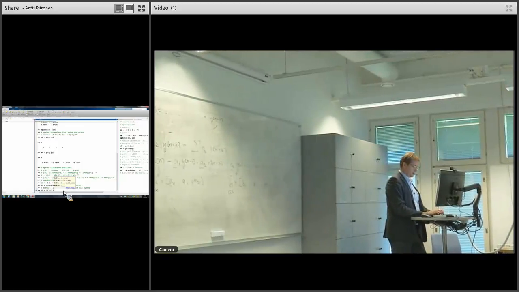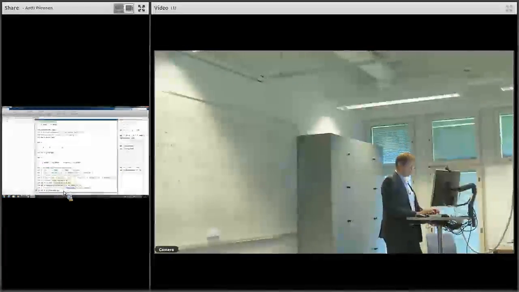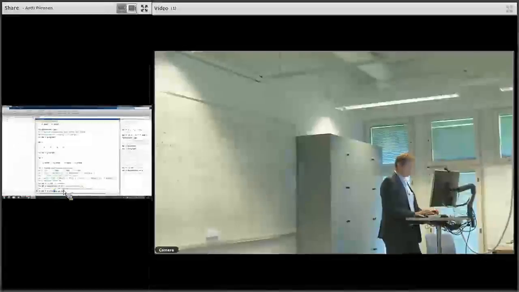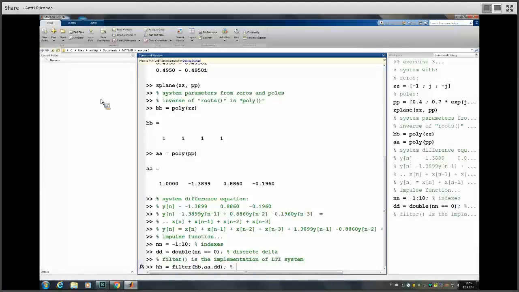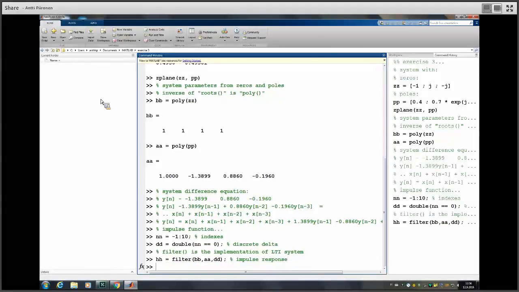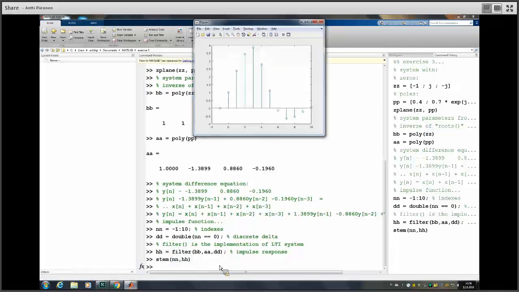Okay, B, A, delta. This is the impulse response. Impulse in, response out. And it looks like this.